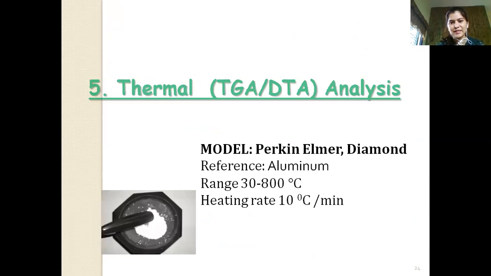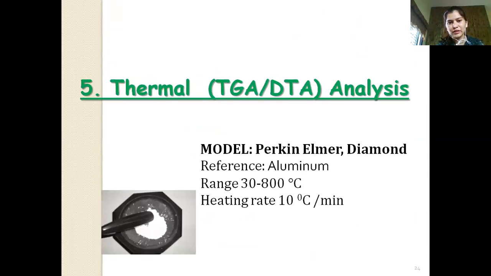Now, next is the thermal study. In order to study the thermal behavior of all three grown crystals, I have done TGA and DTA.